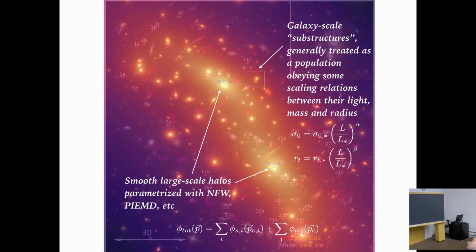So we try to assign to these substructures a mass which is related to the luminosity of the galaxy that we identify in the cluster through this kind of relations here, okay? And this, of course, reduces the number of parameters that you have to fit, because in order to describe the whole cluster member population, you just need 3 or 4 parameters.